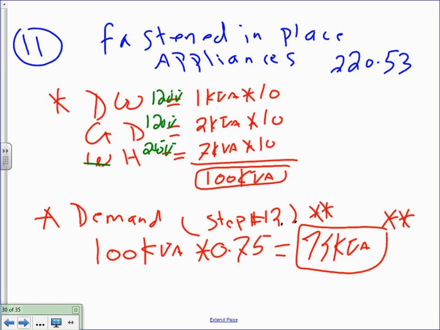Why 75%, and where did it come from, Joe? 220.53. Four or more? Yeah, four or more. Do I have 4? I only have 3, Chad, times 10. You can't believe how many people say, well, yes, there are 3. Times 10.